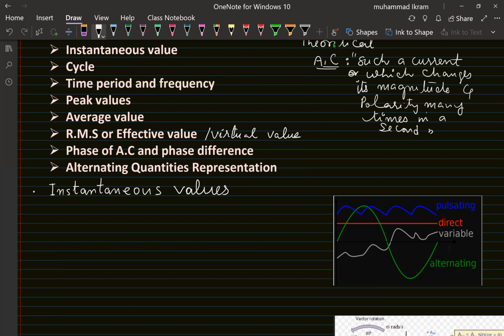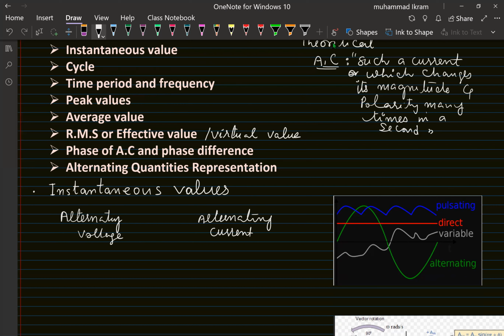So we have two alternating quantities: the alternating voltage and the alternating current.